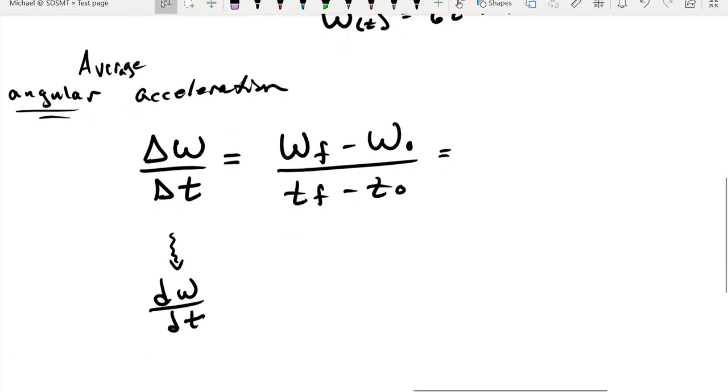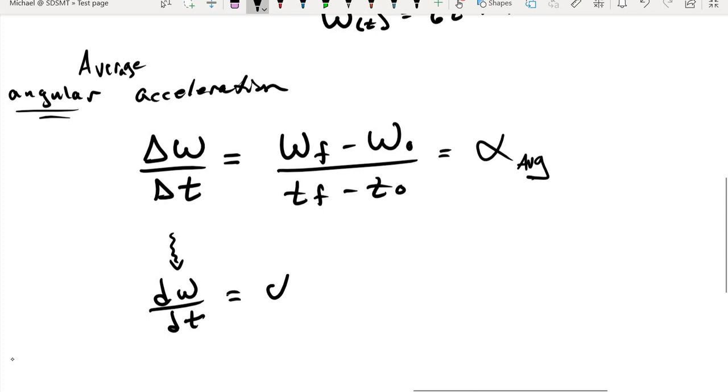So in that case, we would let the calculus take over again. And since we're sticking with the Greek alphabet, we're going to grab the Greek letter that most closely resembles an A, which is alpha. So here we have our average angular acceleration.